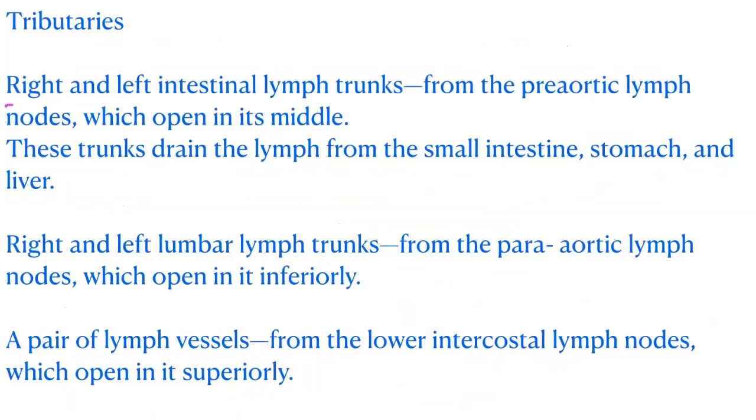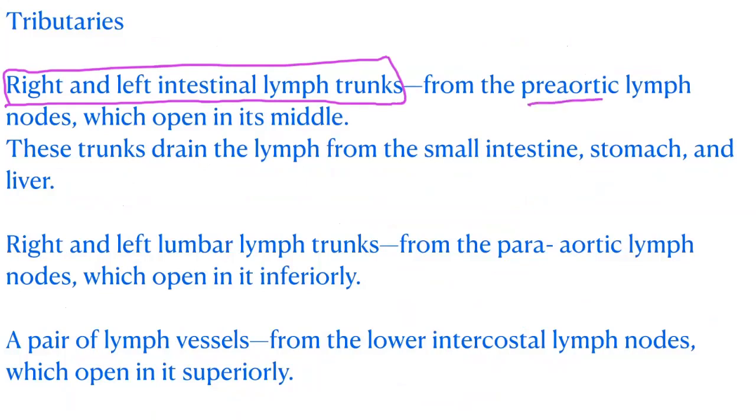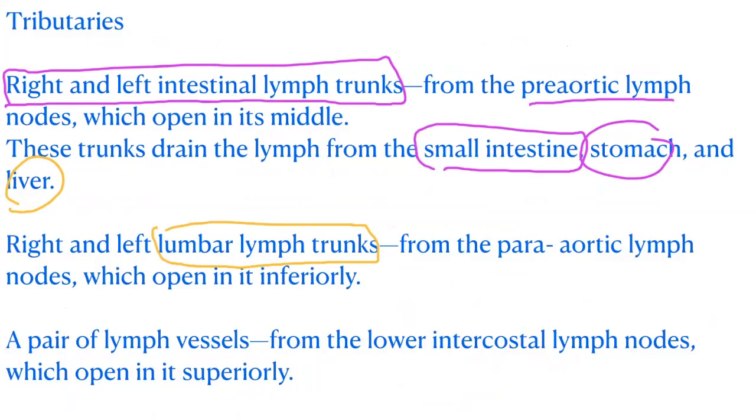Right and left intestinal lymph trunks from preaortic lymph nodes open in its middle. These trunks drain lymph from the small intestine, stomach, and liver. Right and left lumbar lymph trunks, from para-aortic lymph nodes, open into it inferiorly.